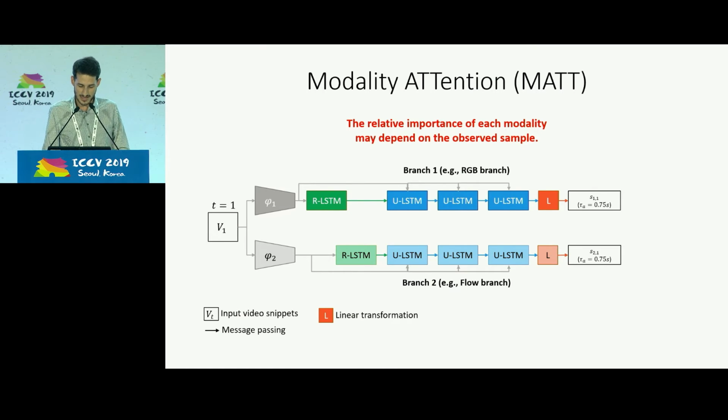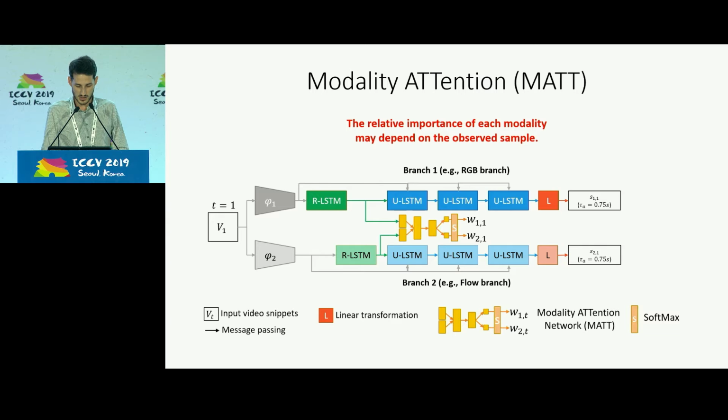Hence, we propose a modality attention mechanism which computes late fusion weights in an adaptive fashion. The internal representations of the modality-specific rolling LSTMs are fed to a multi-layer perceptron which outputs fusion weights. These weights are hence used to compute a weighted average of the modality-specific action scores, and the whole model is fine-tuned end-to-end using backpropagation.